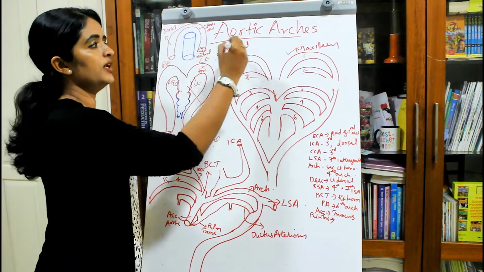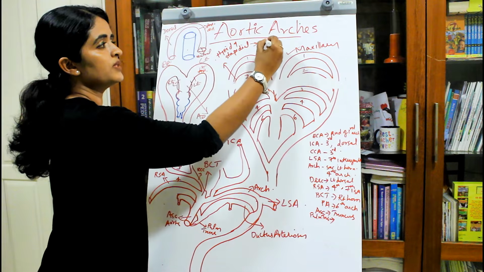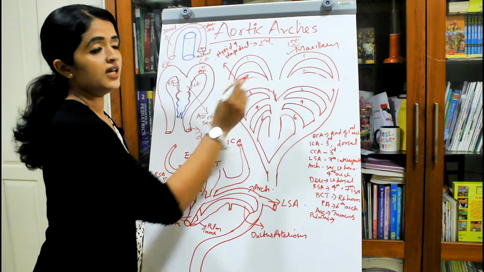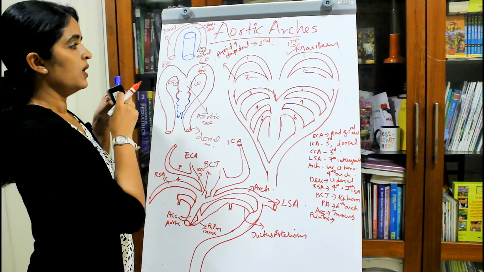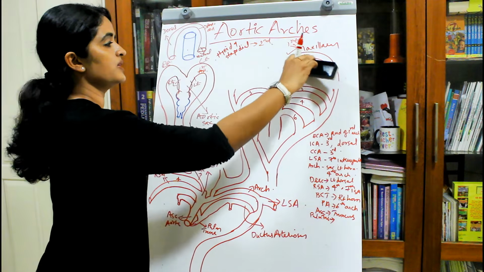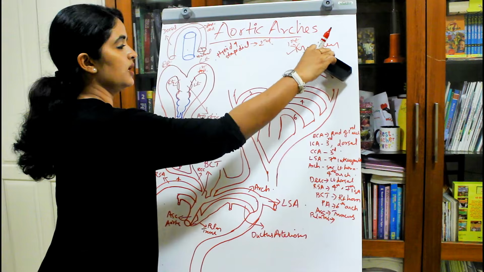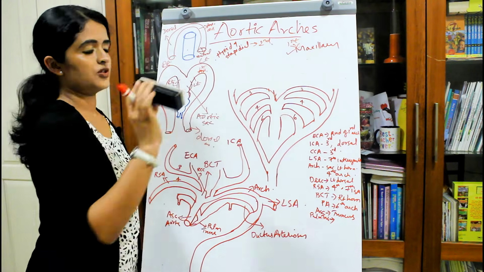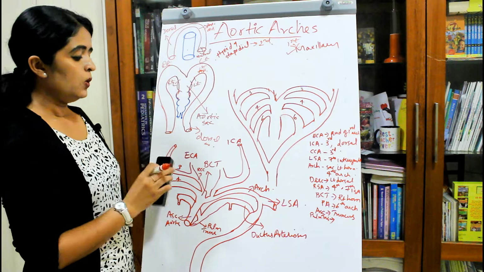Okay, so hyoid and stapedial artery from the second arch, and from the first arch you have the maxillary artery. Now I am going to remove the first and second arches. Now there are no more contributions from the first and second arch. Is that clear?